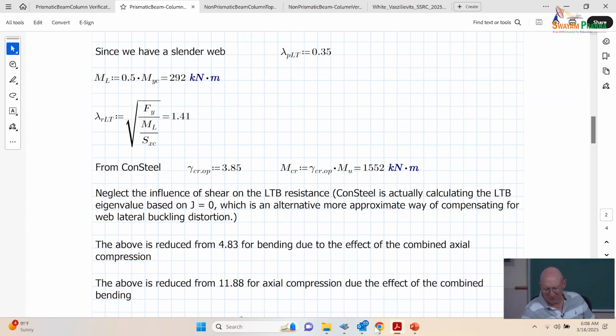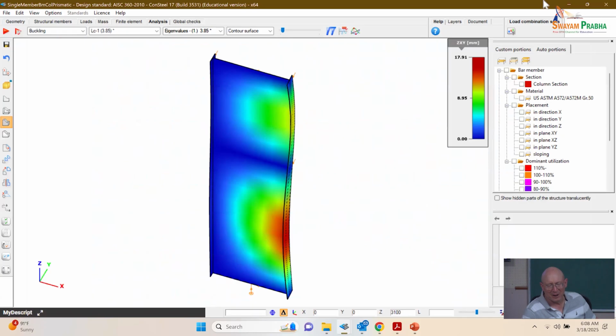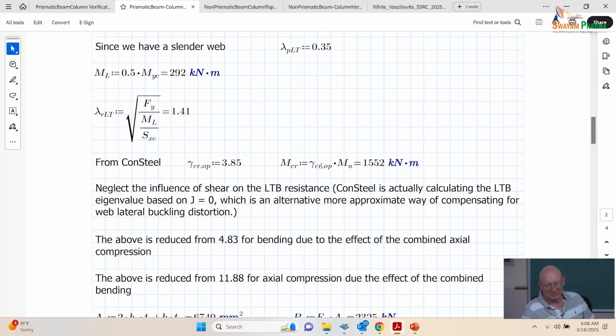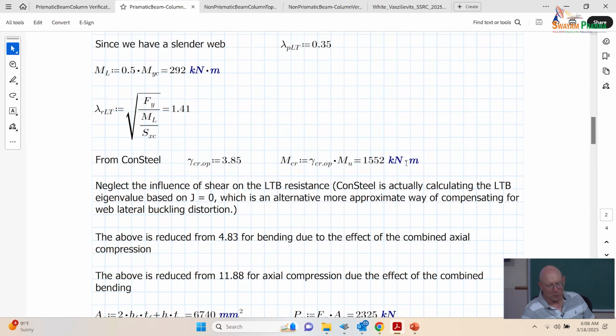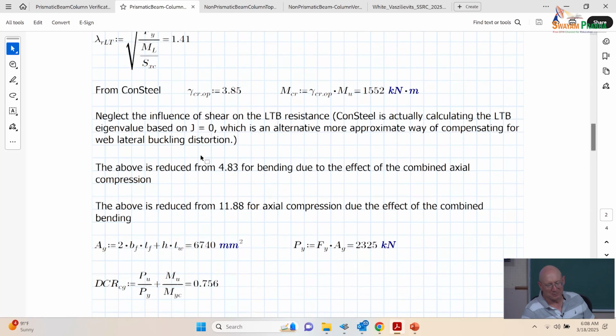So was it 3.85? I hope it was. Yeah, 3.85, okay. So my gamma here is a gamma from combined compression and flexure. I'm multiplying my mu by that, so I got my mu at the strength condition.